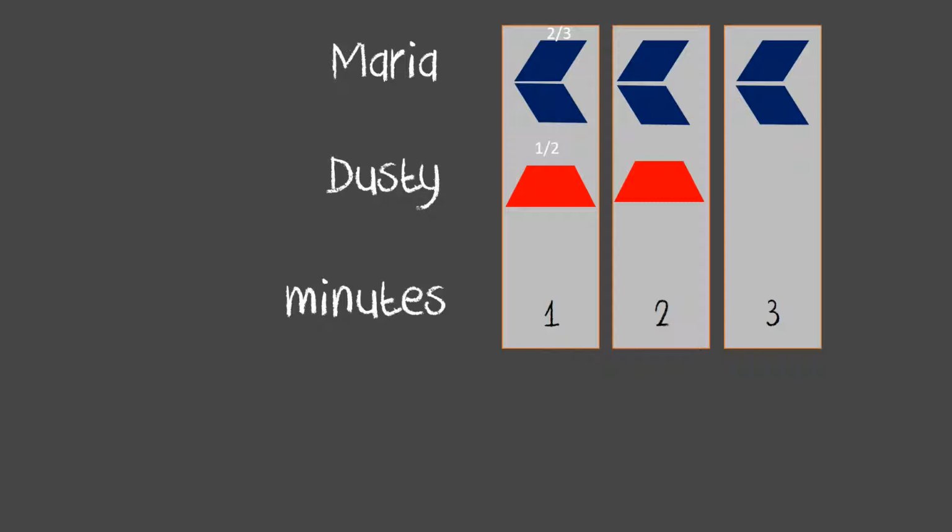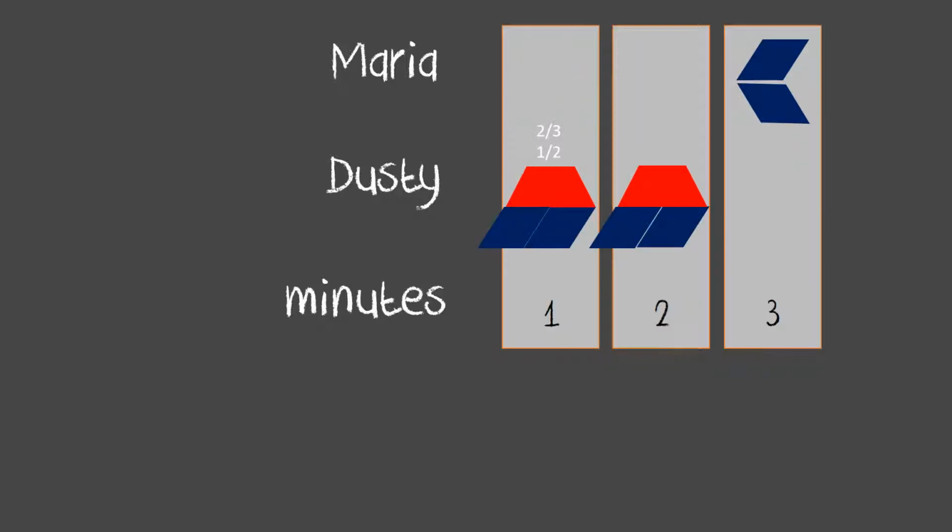Now we need to figure out 2/3 plus 1/2, and what does that equal? If I divide it up into sixths, it equals 1 1/6. So you can see I can fill in that one space with a little 6th mark, and I have 1 full one and then a little 6th there.